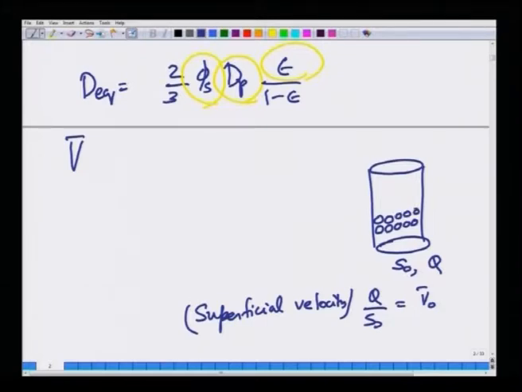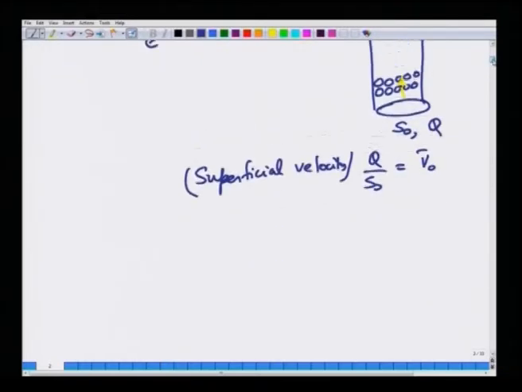So, you would expect that the actual velocity in the interstitial gaps will be greater than V naught. That velocity is nothing but V naught by epsilon. If epsilon is the porosity, then the actual velocity will be greater than the superficial velocity, because only that much area is available for the fluid to flow.